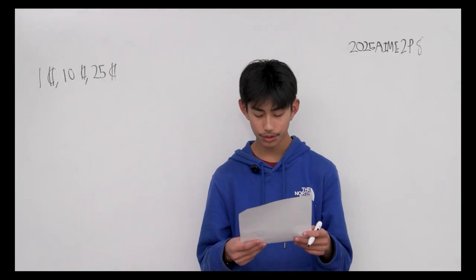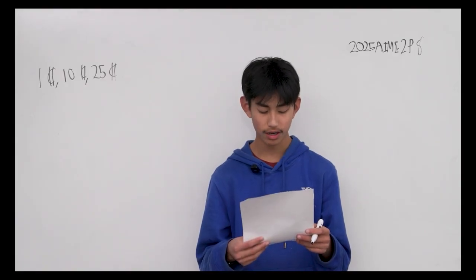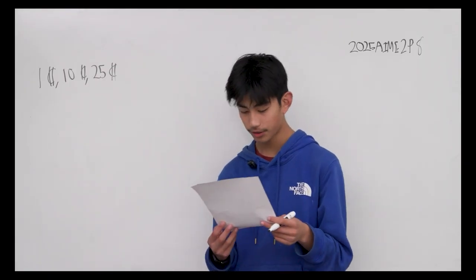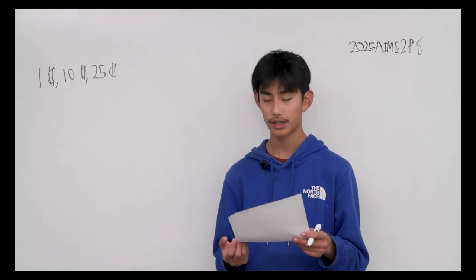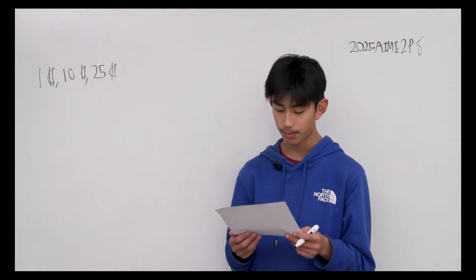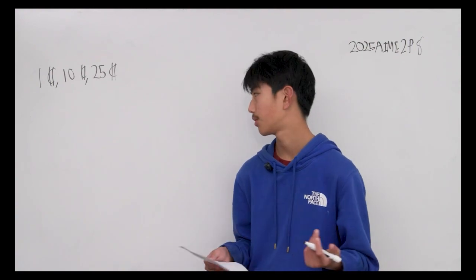Find the number of values of n between 1 and 1,000 for which the greedy algorithm succeeds. So we have any number of 1-cent coins, 10-cent coins, and 25-cent coins. The example they give you is 42 cents, right?